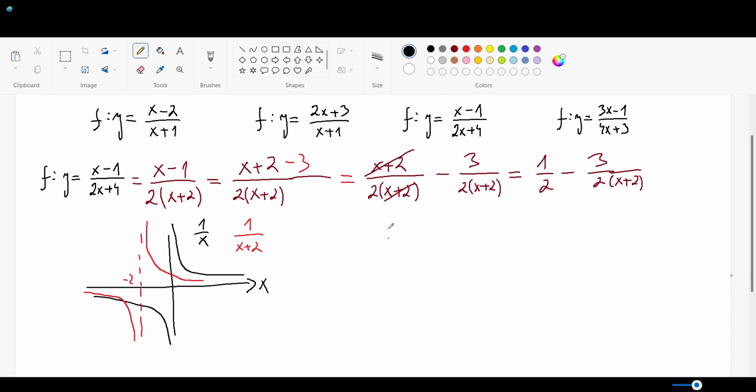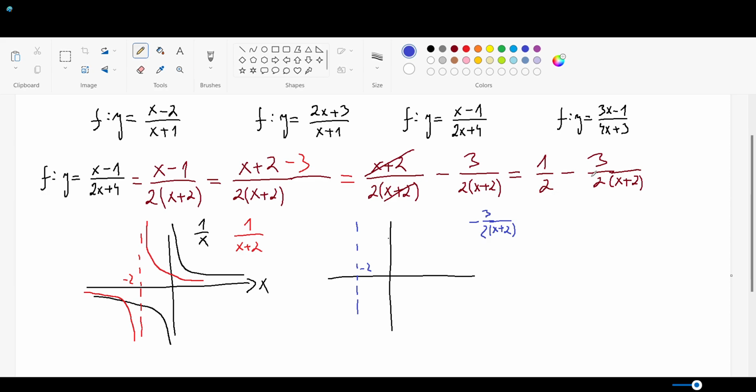So our new chart of our function, and let me just write now first the function negative 3 over 2 times x plus 2. We keep in mind that our vertical asymptote will remain in the same place, so it's here. This has nothing to do with moving our horizontal asymptote.